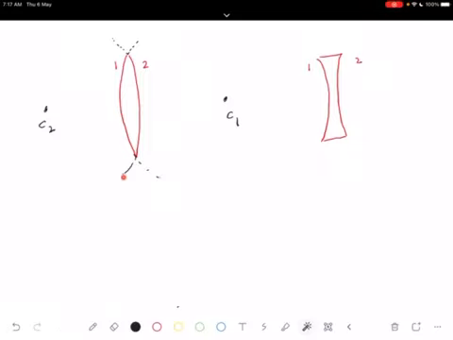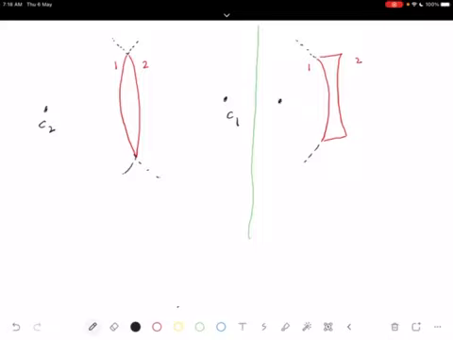Similarly, suppose we are marking for a concave lens, just see. Concave lens. So in the concave lens, you have the first surface here. If we extend that, it will be like this. So where will be the center of curvature of the first surface?